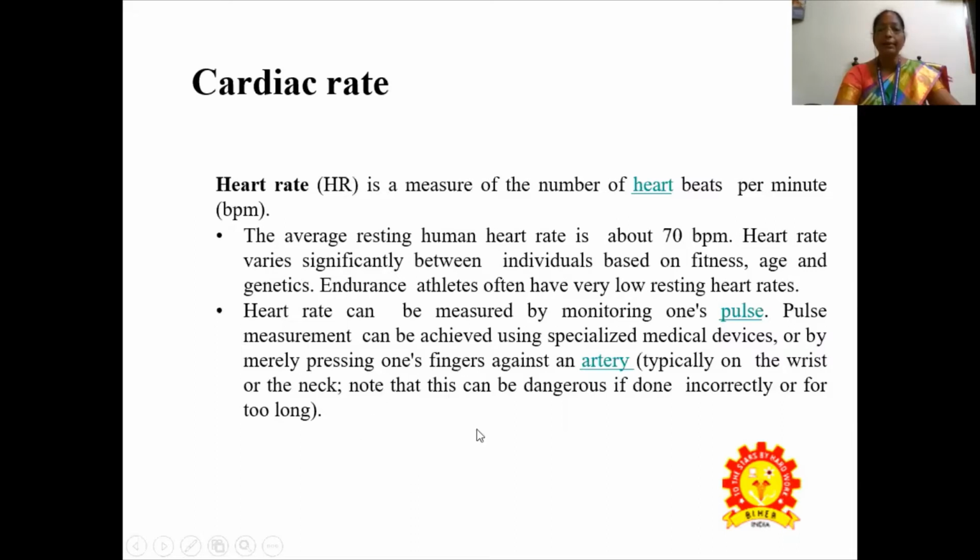The heart rate can be measured by monitoring one's pulse. Pulse measurement can be achieved by using specialized medical devices or by merely pressing one's finger against an artery, typically on the wrist or the neck. Note that this can be dangerous if done incorrectly or for too long.